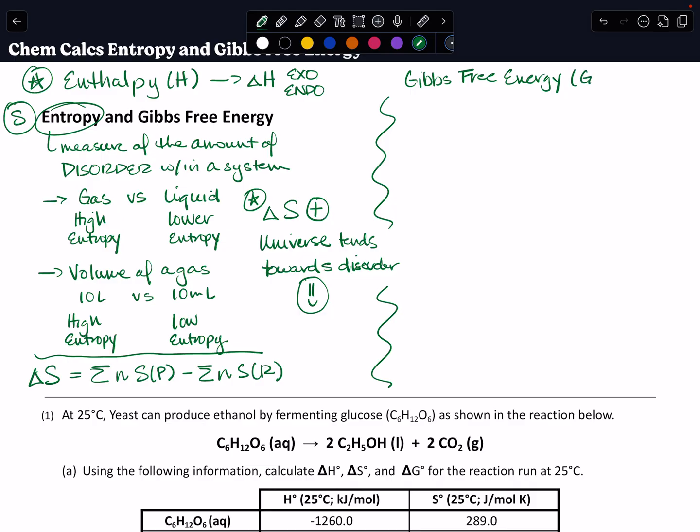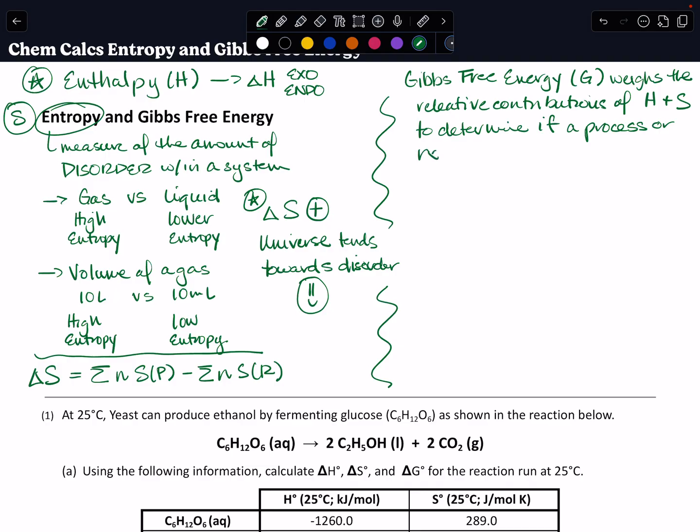comes in. All right, now Gibbs free energy is represented in our formulas with a capital G, and this weighs the relative contributions of enthalpy and entropy to determine if a process or reaction is favorable.